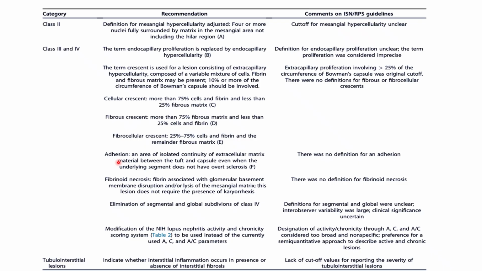Now the definition of adhesion: an area of isolated continuity of extracellular matrix material between the tuft and the capsule, even when the underlying segment does not have overt sclerosis. This is the definition of adhesions. Fibrinoid necrosis is fibrin associated with glomerular basement membrane disruption and or lysis of the mesangial matrix, and this lesion does not require the presence of karyorrhexis.